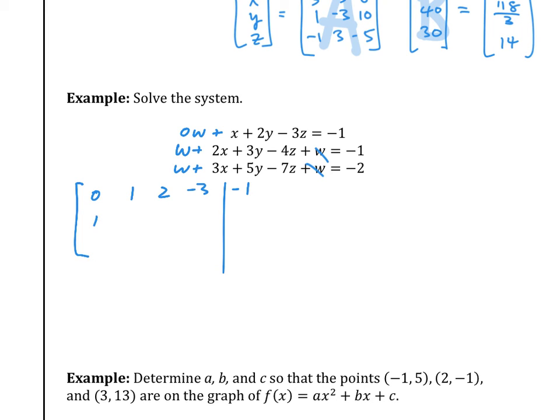Same thing here: 1, 2, 3, -4, -1, and then 1, 3, 5, -7, -2. All right, so enter that into your calculator. This is 3 rows by 5 columns, so 3 by 5. Enter that, and then we are looking for RREF, and let's see what the calculator gives us.